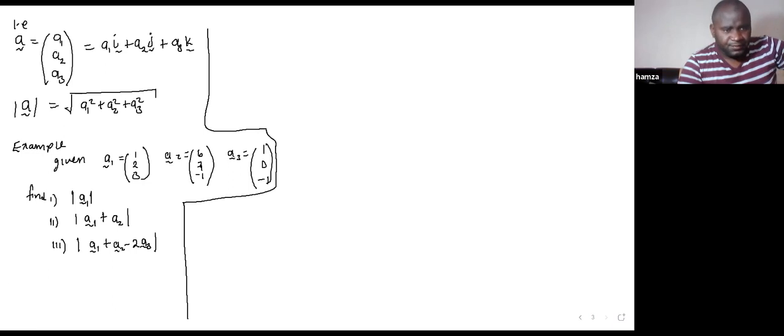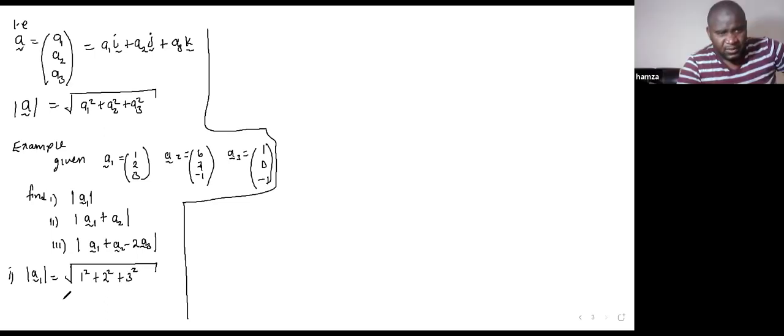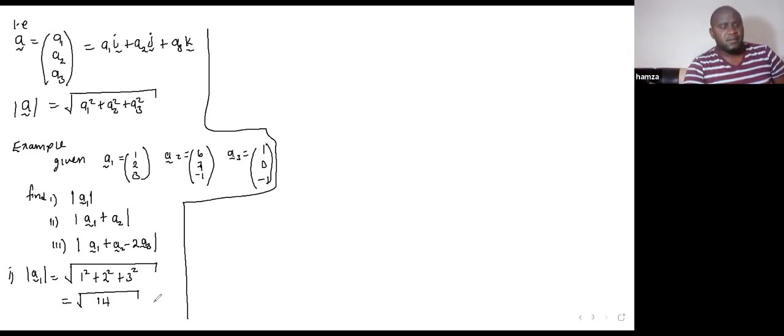With this illustration, Roman 1 calls for the magnitude of vector A1, which is the square root of 1 squared plus 2 squared plus 3 squared. And this will give us the square root of 14. And that is the answer.